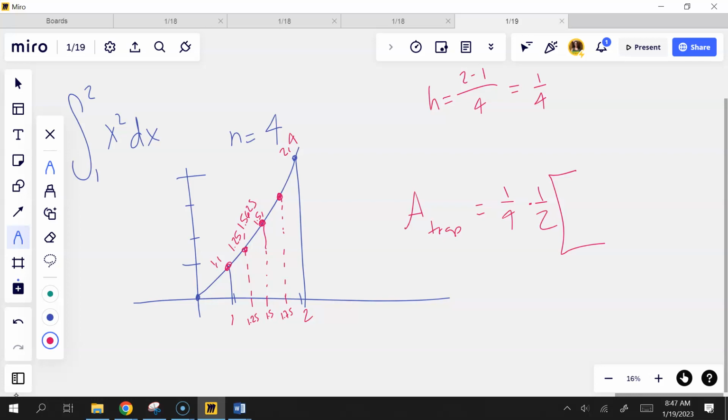This one would be 1. Oh, it was a quarter? Okay, 1.5. 2.25, then 1. Yeah.